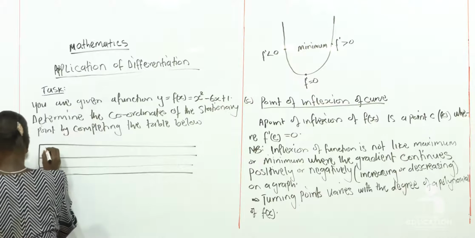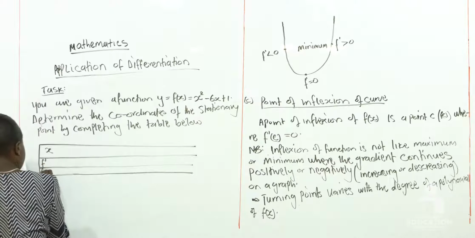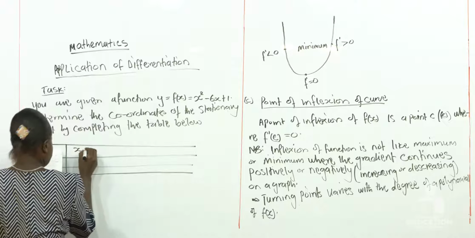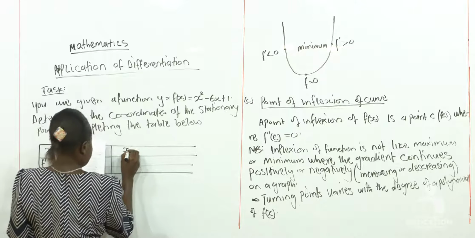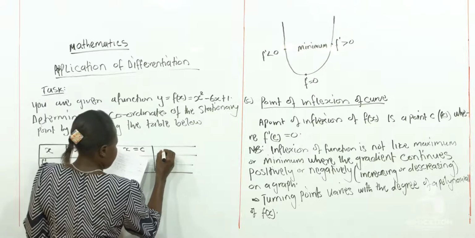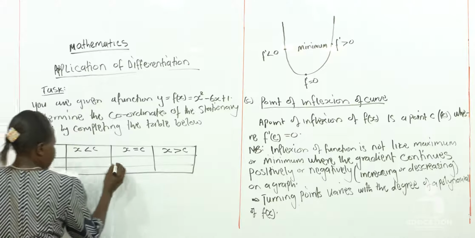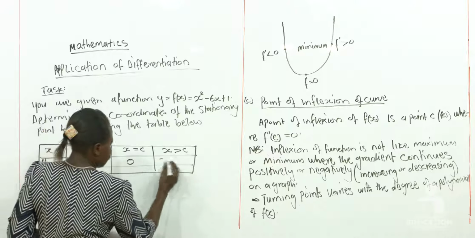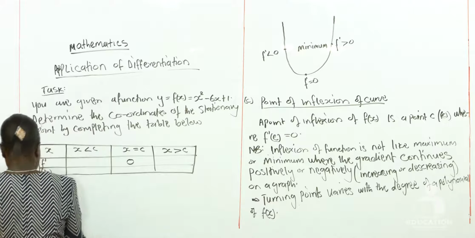So here they have given us x, the gradient, and then a function of x, and then here x is less than c, and then we have x equals c, and then we have x is greater than c. So here we have 0. So go and complete these blank spaces here.